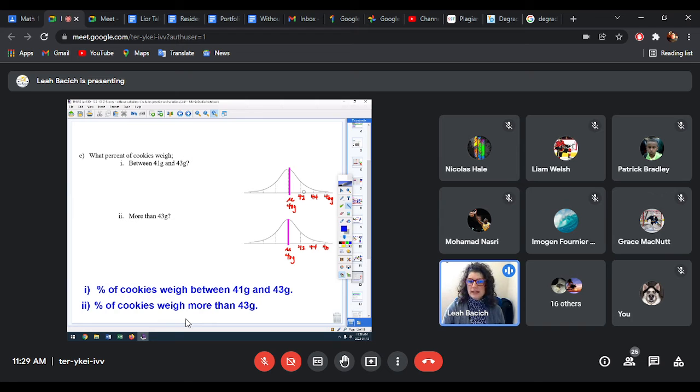The next thing I can put on my diagram, it says between 41. So 41 would be between, yes?